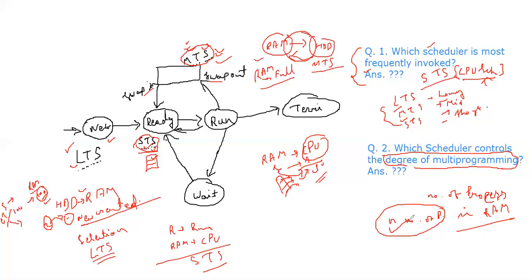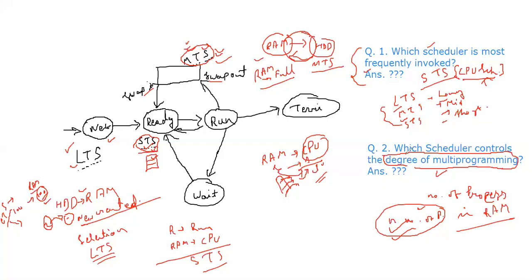The number of programs you can store in the RAM at a time, those programs only can be executed simultaneously. Hence, it boils down to the capacity of the RAM. So if I can hold n number of programs in RAM, I can run n number of programs parallelly or simultaneously, and that's why it is known as the degree of multiprogramming.